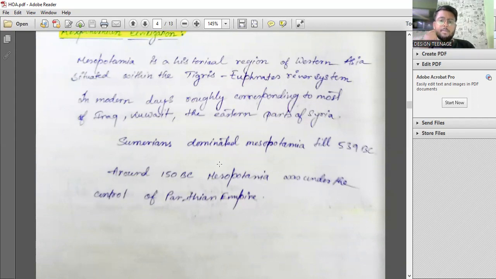Sumerians dominated Mesopotamia till this point of time. After that, some other people came. So the Sumerian civilization is the early stage of the Mesopotamian civilization. Around 150 BC, Mesopotamia was under the control of the Parthian Empire.